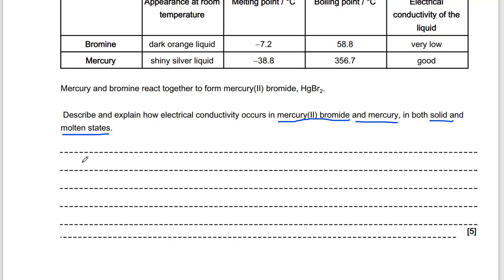So mercury, Hg, will conduct in both solid and molten. I'm just abbreviating a bit here. Both solid and molten. And that is because, and you have to give a reason, so that's 1 mark by the way, both solid and molten states, because it has delocalized electrons.